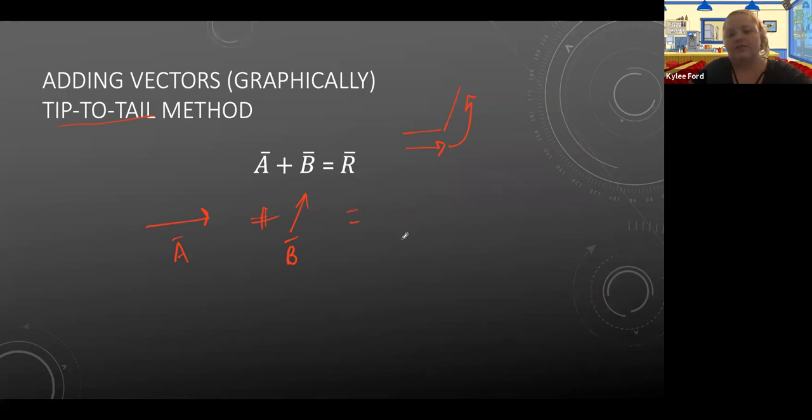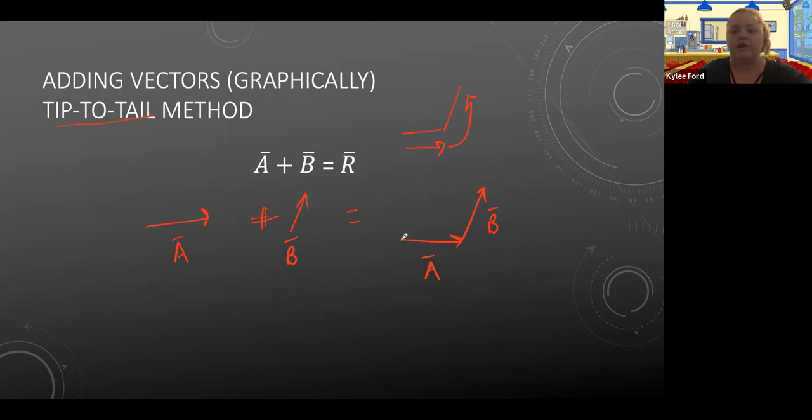So I'm going to first draw my A. That's my first vector. Now I'm going to put my second vector, and it's going to be tip to tail. So I'm going to get the tip here and then add my B vector here. And so I will create my new vector based on these two.